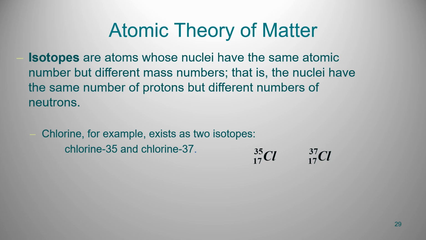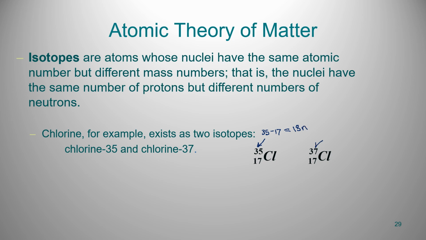So let's just look at this. Obviously they have the same number of protons because they're both chlorine. Chlorine's element 17. So how many neutrons does this one have? Well, it has 35 mass number, protons plus neutrons, minus 17 protons will give me 18 neutrons.